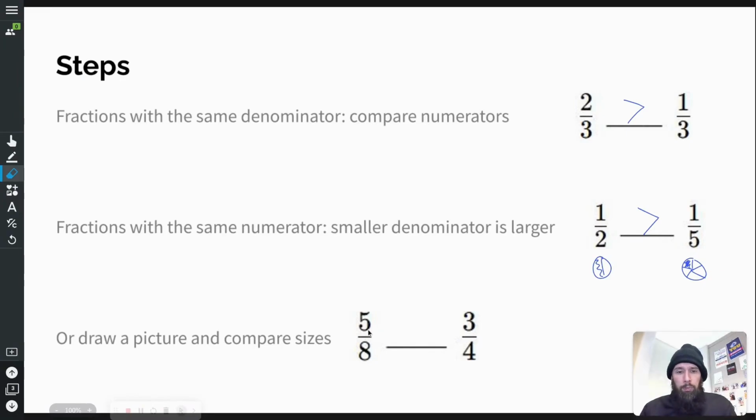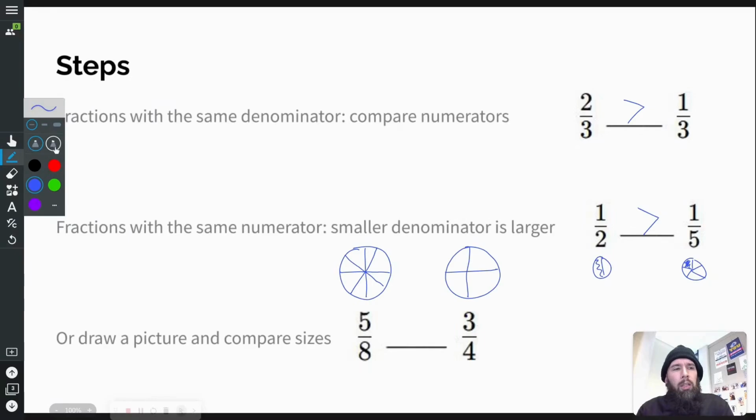Then what you do is you draw a picture and compare sizes. So I'm going to draw a nice big circle up here, a nice big circle up here. I'm going to pretend you're a pizza split up into 1, 2, 3, 4, 5, 6, 7, 8 slices. And I'm going to pretend that you're a pizza cut up into 4 slices.